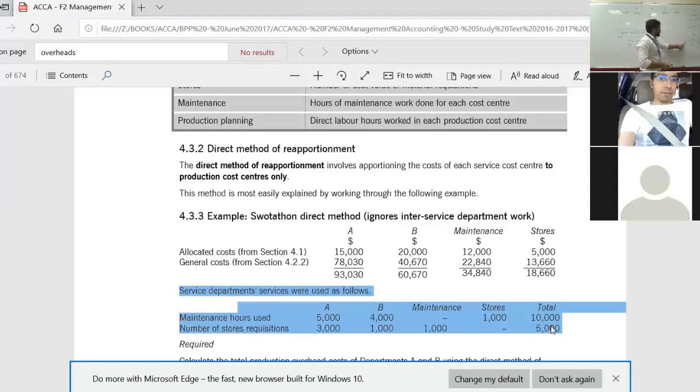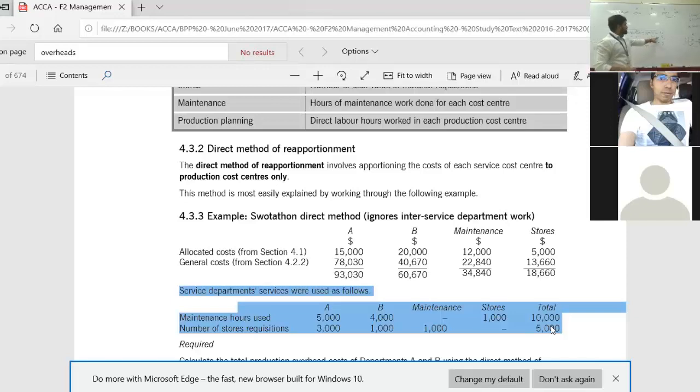The stores department is giving 20%. 20% of Y, not of 18,660, because 18,660 is not the total cost of S, since M will still give something. Do you understand? That is why we are making it this way.